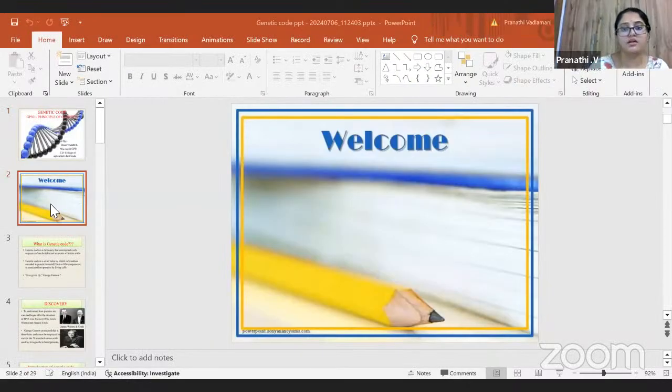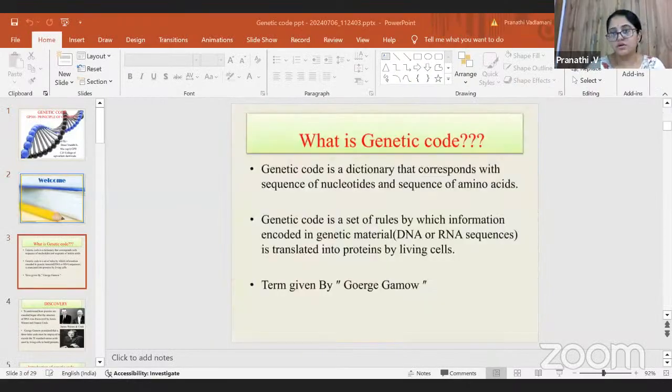So, what exactly is the genetic code, and how are we going to see this? Right. Sure. So, when it comes to genetic code, what is it going to do? What is it that we are talking about when we talk about the genetic code?